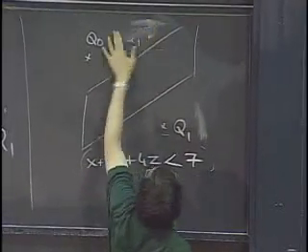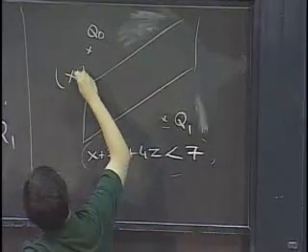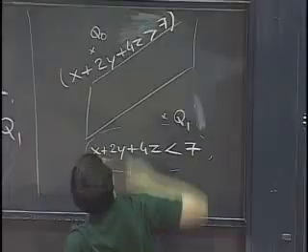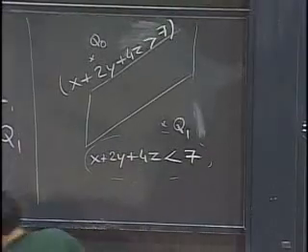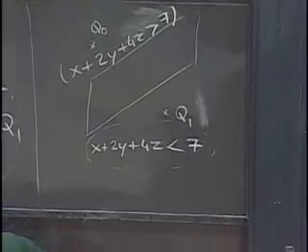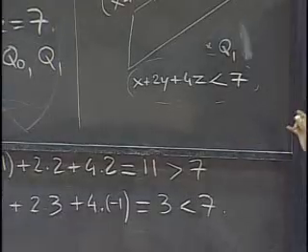And the other side is where x + 2y + 4z is actually bigger than 7. And to go from one to the other, well, x + 2y + 4z needs to go through the value 7.